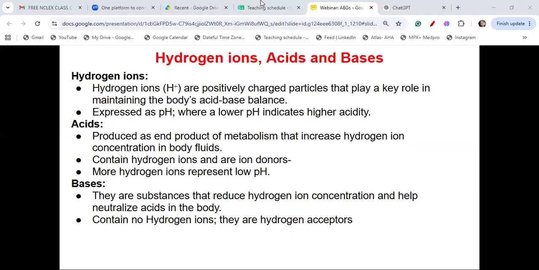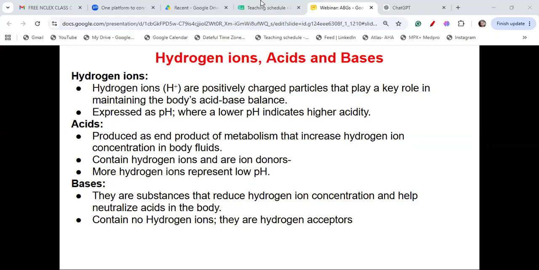When the pH is high, that means there is low acidity. Acids are produced as end products of metabolism that increase hydrogen ion concentration in the body fluids. They contain hydrogen ions and are known to be ion donors. So more hydrogen ions represent low pH.